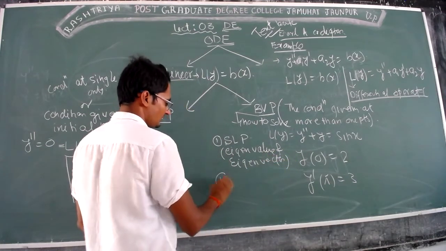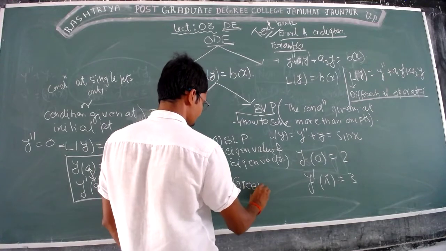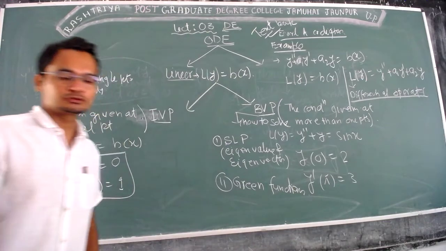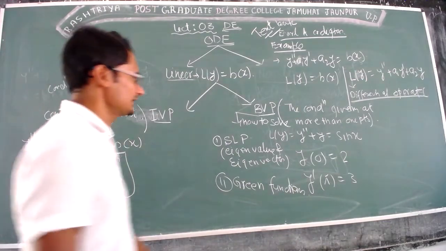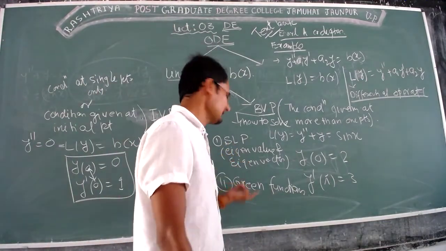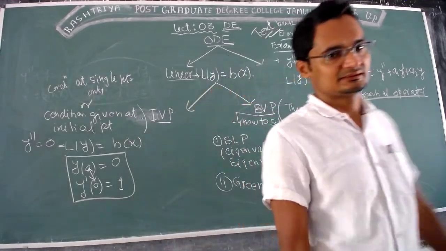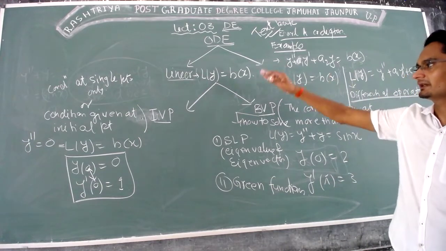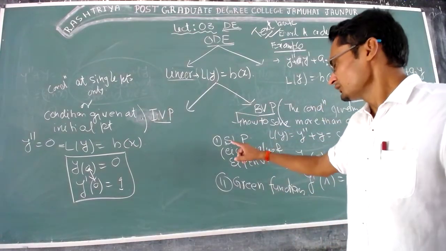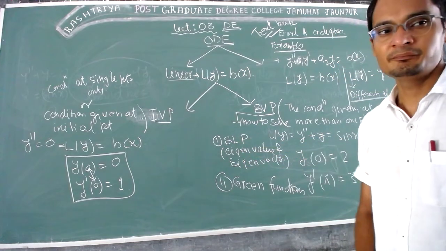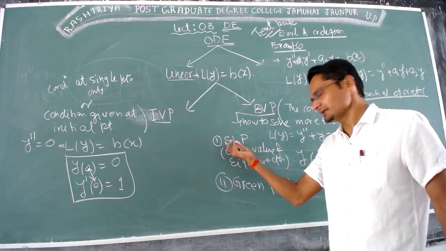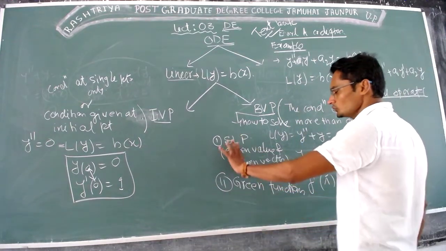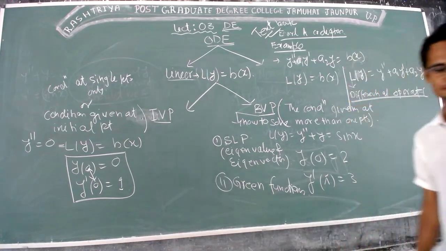The second one is using the Green function. So to solve the boundary value problem, we have two methods: one is the Sturm-Liouville problem, another one is the Green function. So we will calculate the Green function to solve any boundary value problem, and the Sturm-Liouville problem gives a method to solve the boundary value problem. We will use this method to solve any boundary value problem.